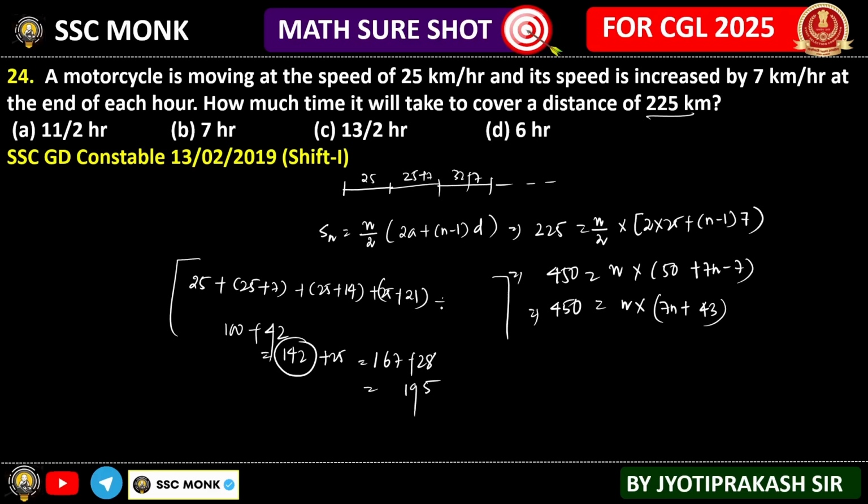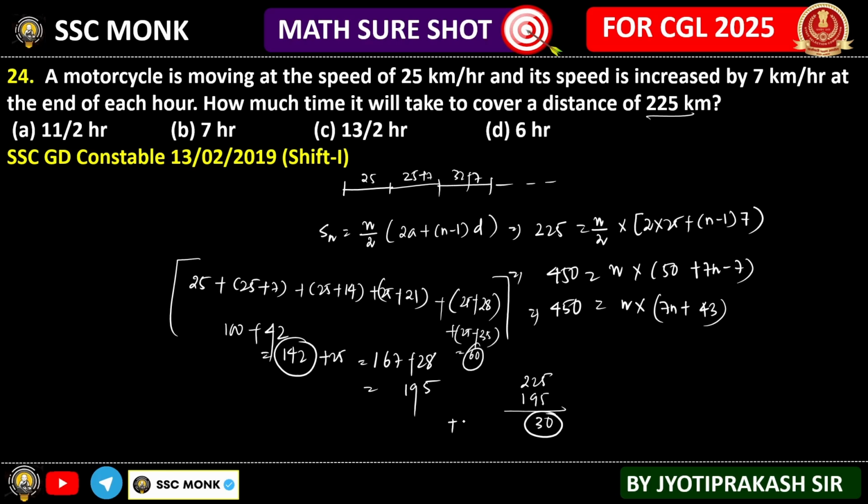Then again after the 5th hour. So what is the remaining? 5 hours are gone. So in the next hour, how much distance is there? 225 minus 195 is equal to 30. So this 30 distance will be covered at how much speed? 25 plus 35, that is equal to 60 speed, 30 distance.